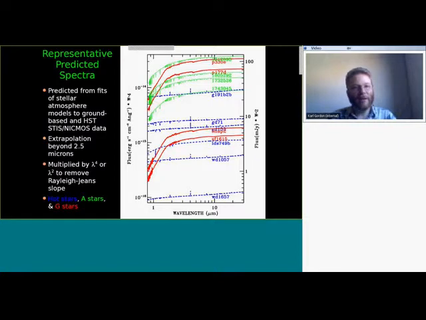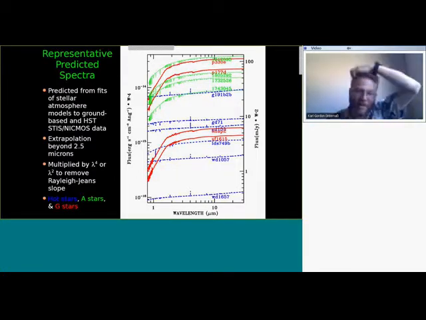So, just to show some representative predicted spectra, even from the fit, extrapolation beyond 2.5 microns. And here there's a nice way, if you start working in the near and mid-infrared for looking at stars: if you multiply them by lambda to the fourth, if it's in ergs units, or lambda squared if it's in janskys, you get a pretty flat spectrum.